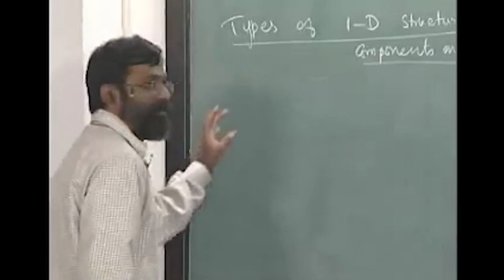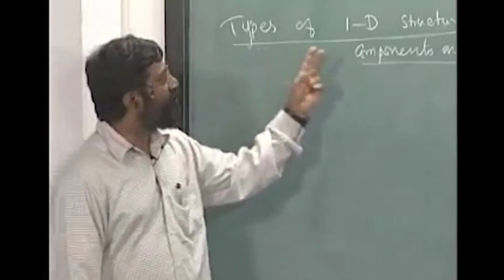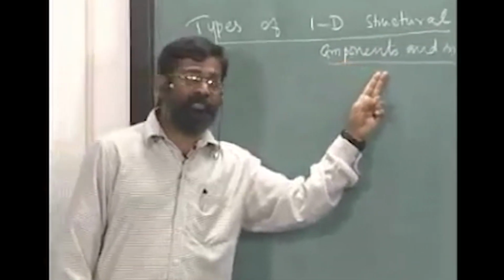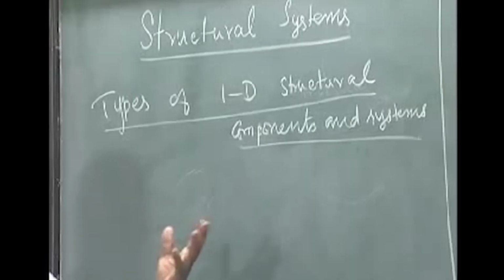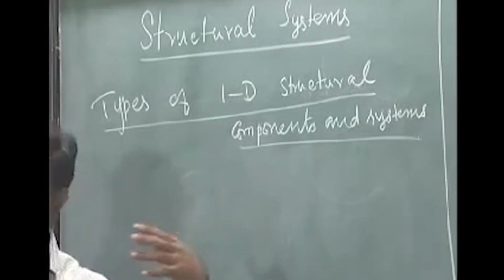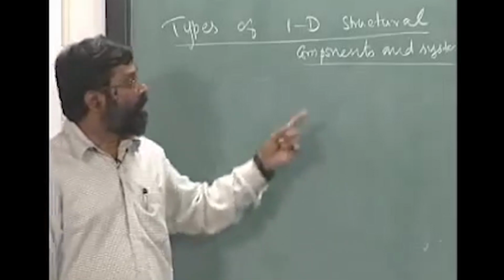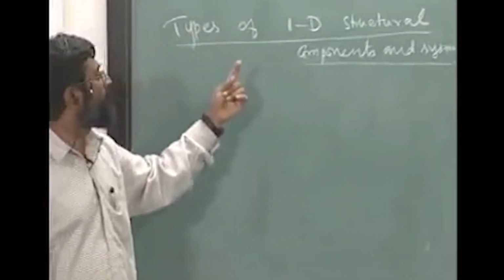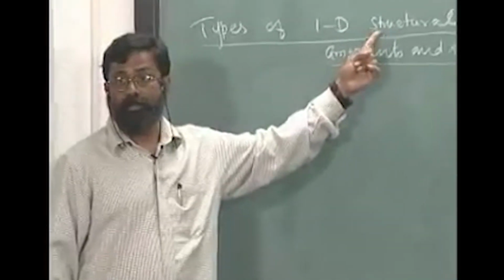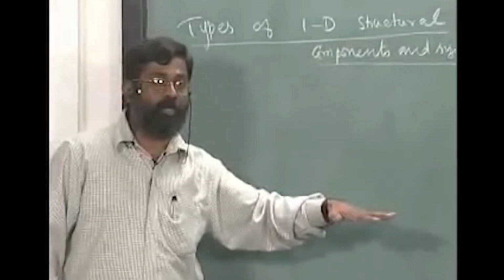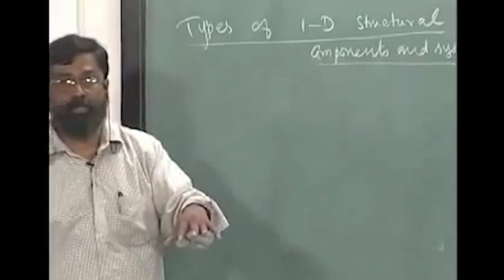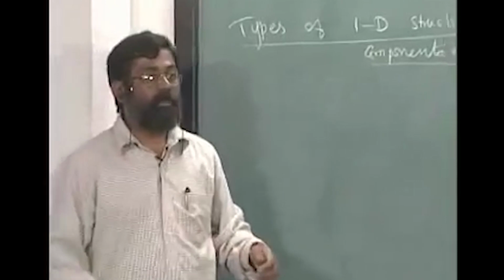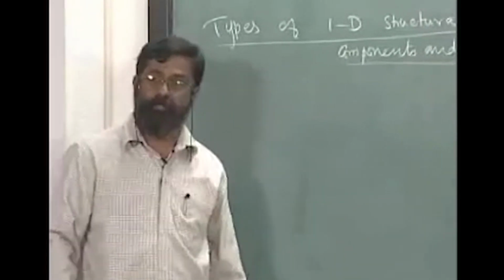Okay. Now let us look at types of one dimensional structural components or systems. I could have components or rigid bodies or systems of rigid bodies that make up a structure. The structure could be a one dimensional, two dimensional, or three dimensional structure, but consisting of only one dimensional members.